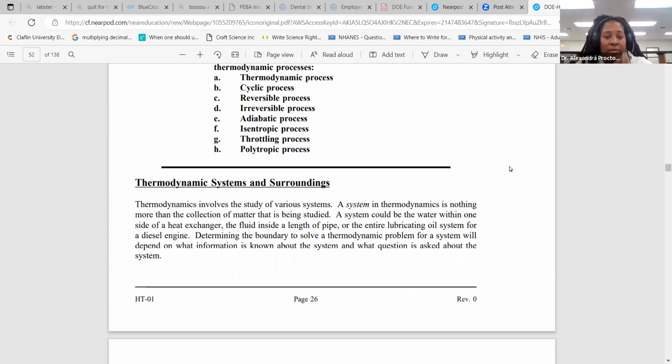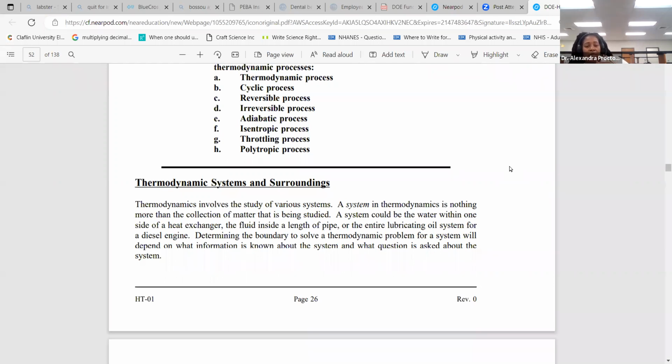And so determining the boundary to solve the thermodynamic problem for a system depends on what information is known about the system and what question can be asked about the system. Those can be considered systems.